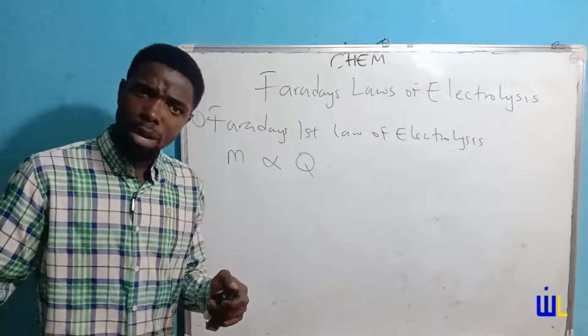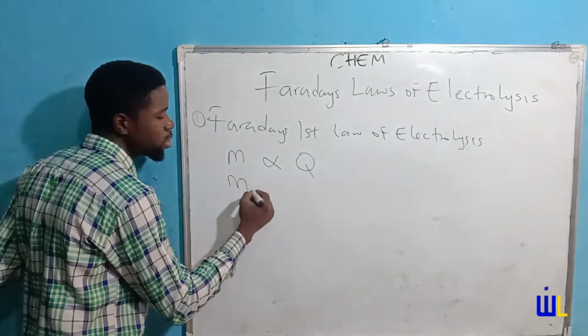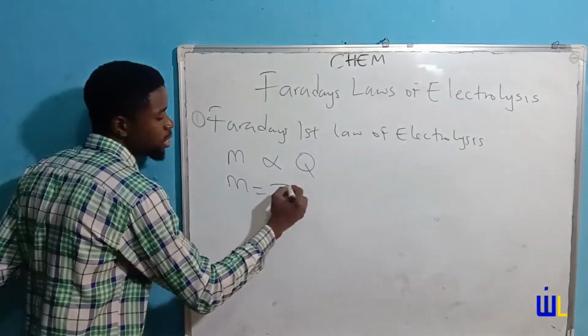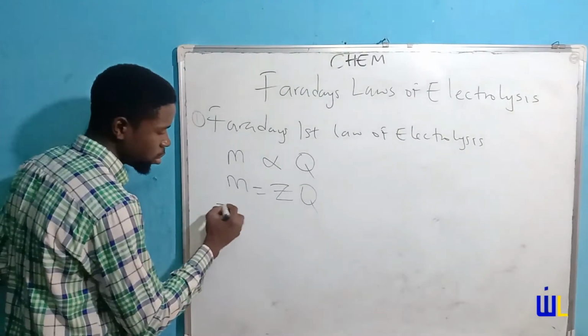As proper mathematics students, we should have noticed that to remove the proportionality sign, you introduce a constant. In this case, the constant is Z. So we have M equals ZQ. Now, what is Z?